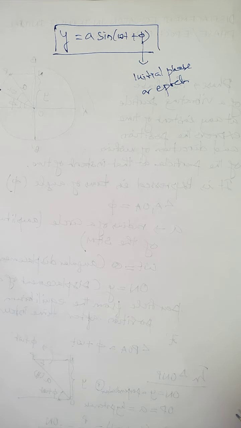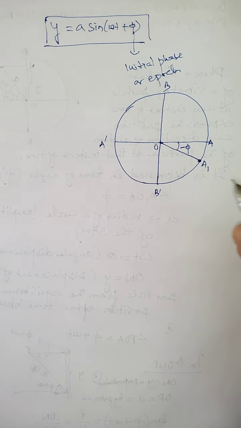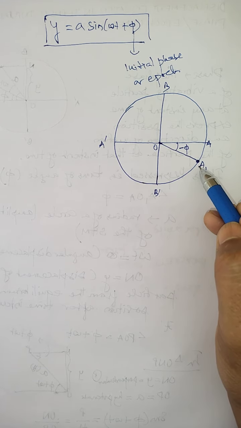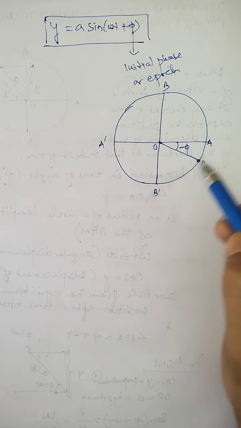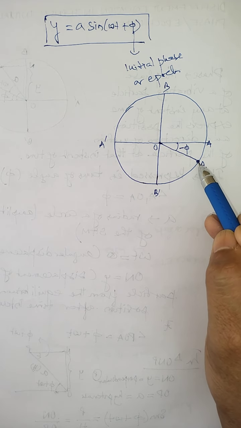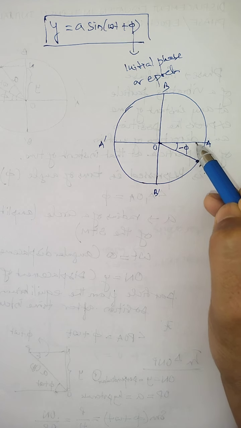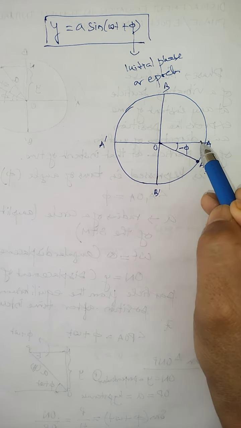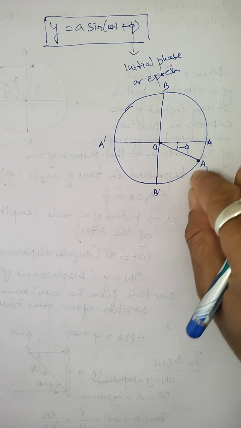But it can be the case where the particle may start from the negative side, below the reference line. Same diagram, but this is the reference line, called the equilibrium position, and the particle starts from A1, which lies at an angle minus phi with reference to the reference line, because when you move this side the angle will be negative.